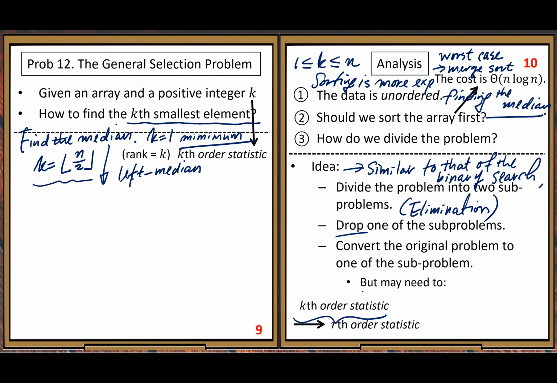So we need to do a conversion, because after you drop one of the subproblems, your kth order statistic could become the rth order statistic, which is different. So here I talk about the elimination idea a little bit.